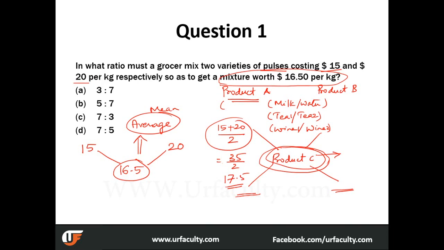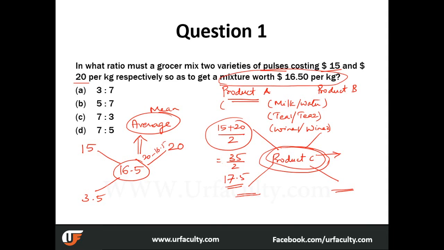So if you approach an average model, you will take a good amount of time to solve this problem. So the easiest technique is, as I told you here, the final value will also be in the same ratio as they are being mixed, which means it is away from product 1 by how much? 3.5. If you look at it, 20 minus 16.5.